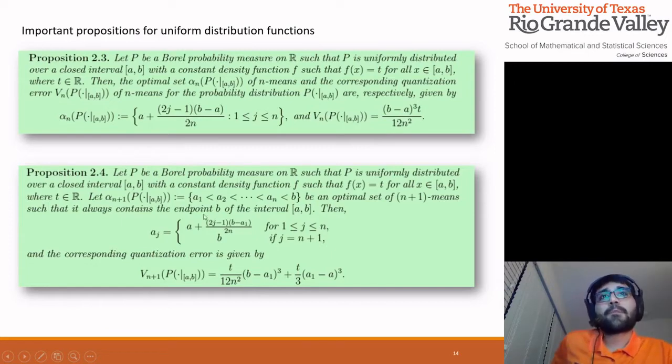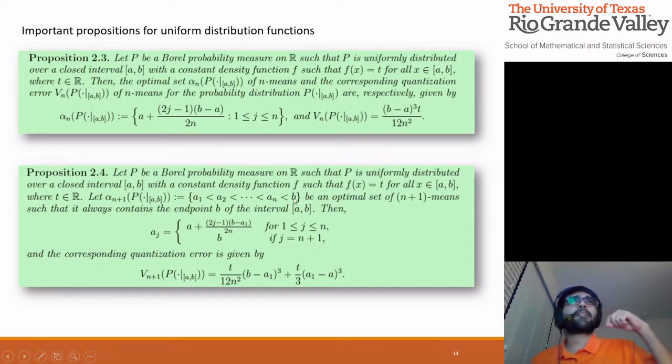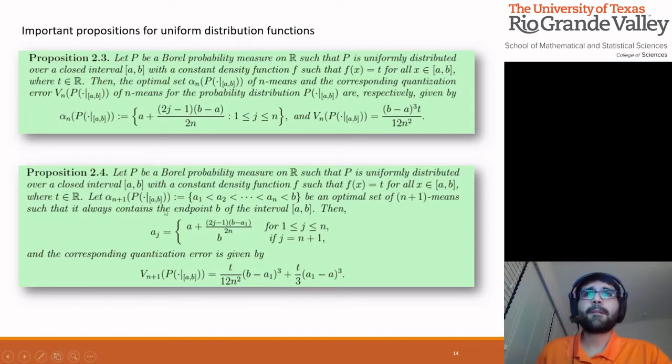Now, Proposition 2.4 is very similar. However, here we are including an optimal point, a quantizer, at the endpoint b. So let's suppose we want to include a quantizer at the endpoint b.